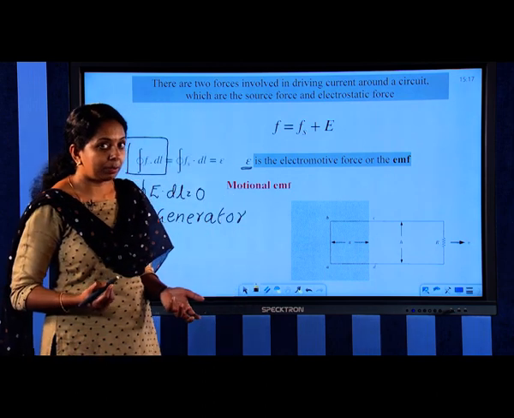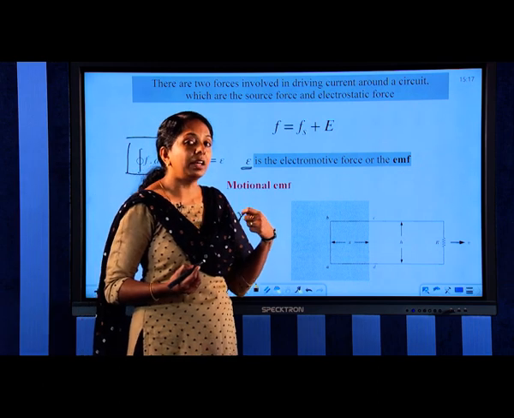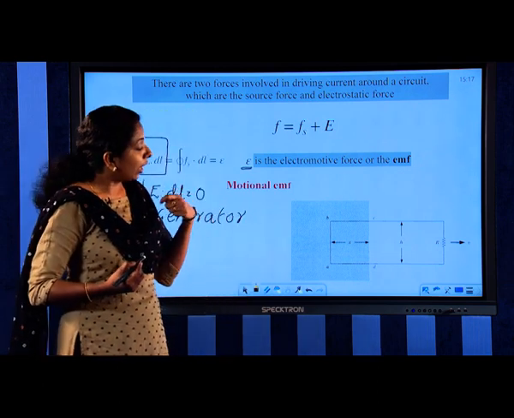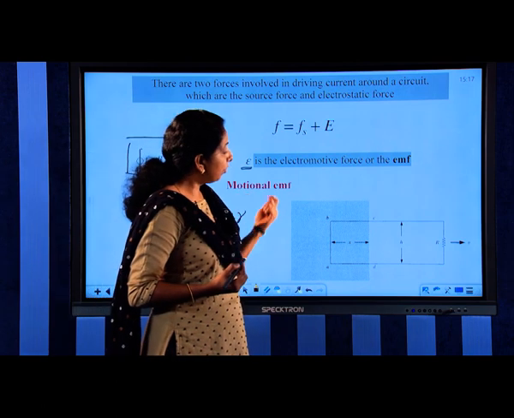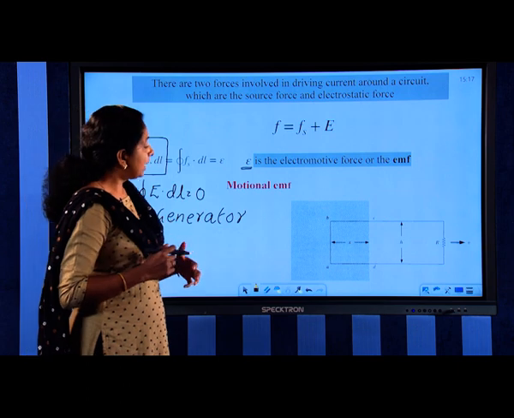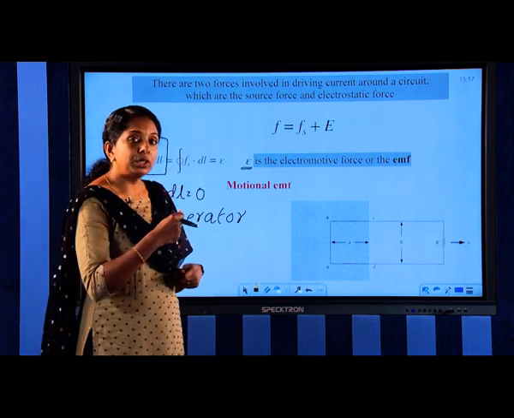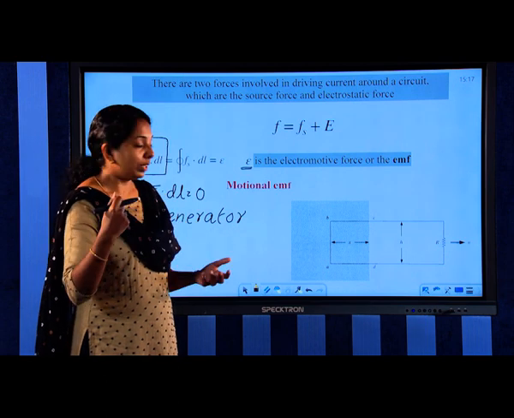What is motional EMF? The EMF generated when we move a wire in either direction is known as motional EMF, or we can say that motional EMF is the EMF generated because of the motion of the loop in any direction.